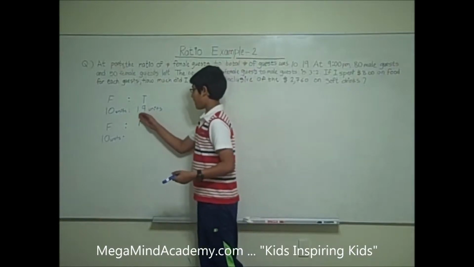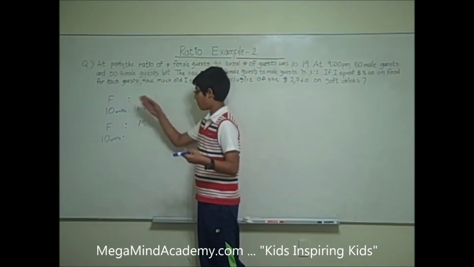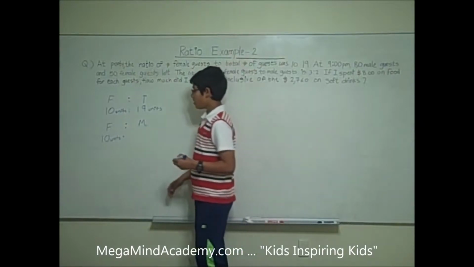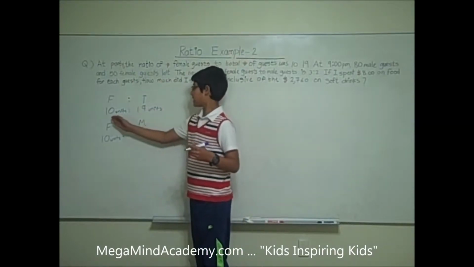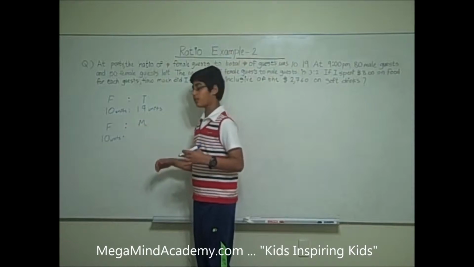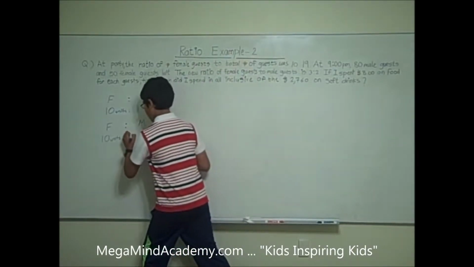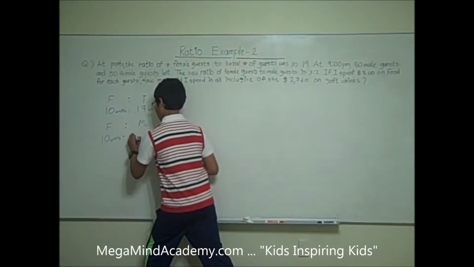So it is 19 units minus 10 units. 19 units minus 10 units is equal to 9 units. So male is equal to 9 units.